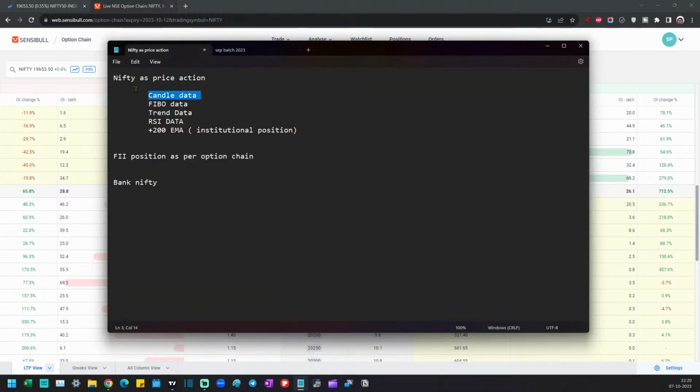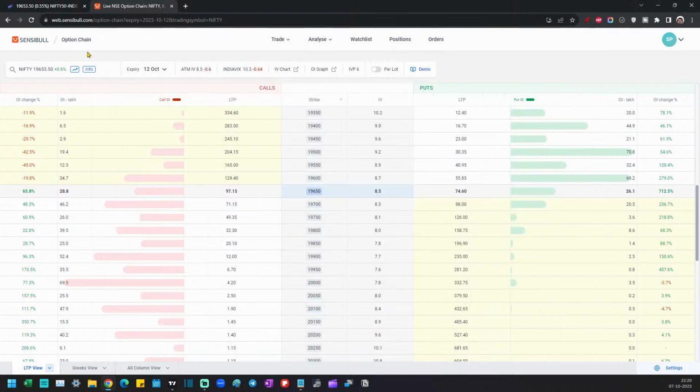First look at the candle, then take the trend, then the Fibo data, check what the RSI is, then check the 200 EMA, and then come to the FII, and there should be a correlation setting in. There should be a confluence increasing the odds. If you are able to see that, only then you can have a clear direction.